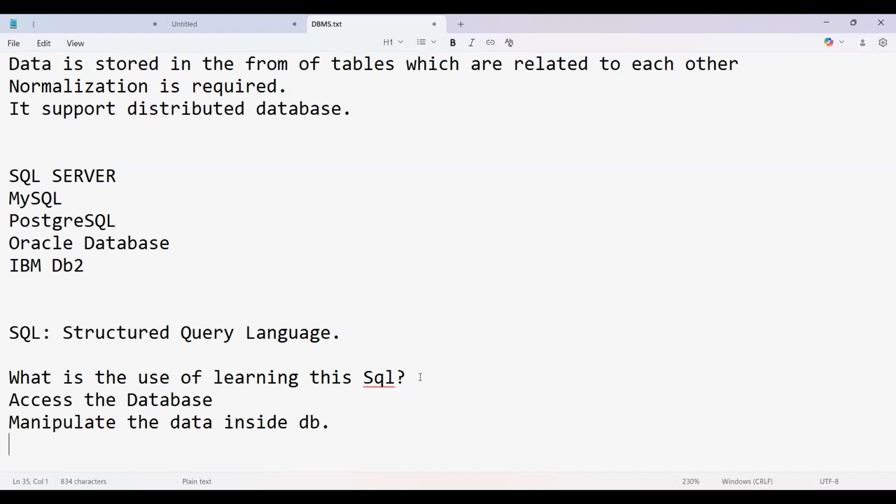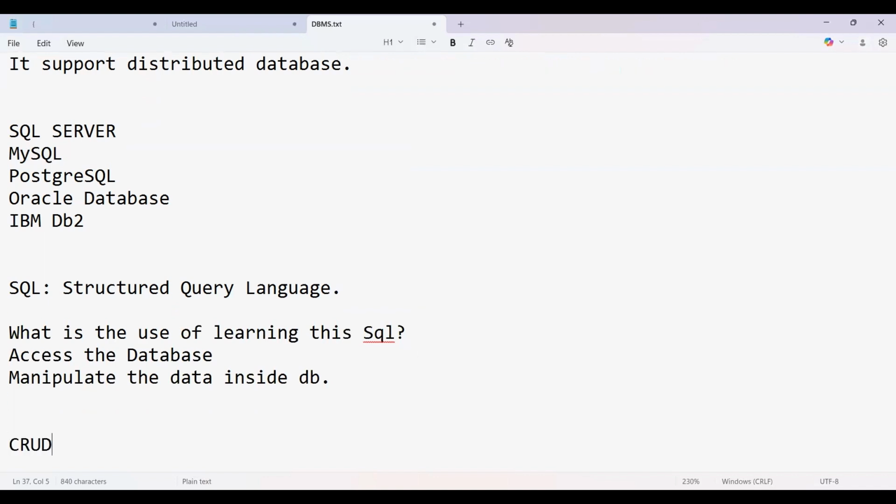To manipulate the data, you can use the SQL language. There are CRUD operations, CRUD meaning create, read, update, and delete. If you want to do all these things, you need to learn SQL.